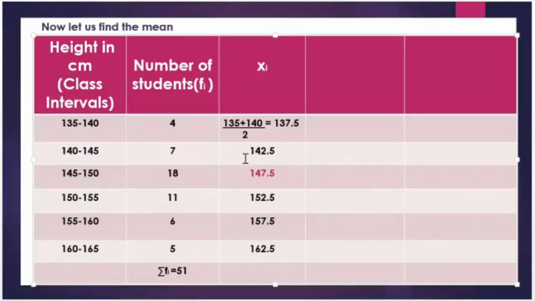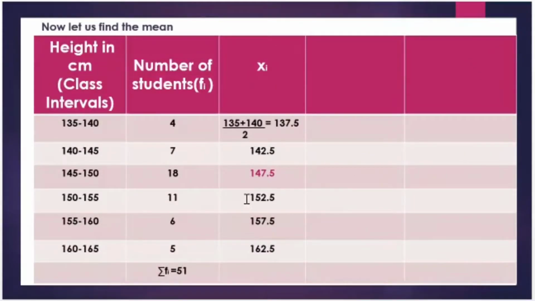Now, the normal mean method tells me to multiply fi and xi. fi is 4, xi is 137.5, 7 into 142.5, then 18 into 147.5. All these calculations are going to be very lengthy. So what I'll do is I'll use the assumed mean method, for which I'll assume the mean first. I'll take any of these xi's to be the assumed mean.